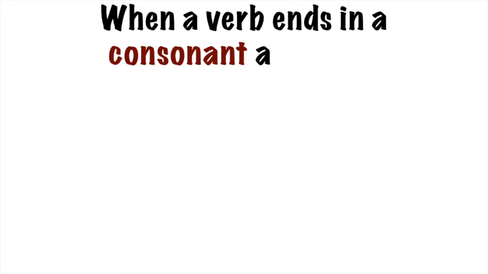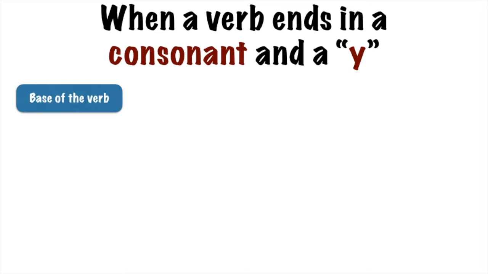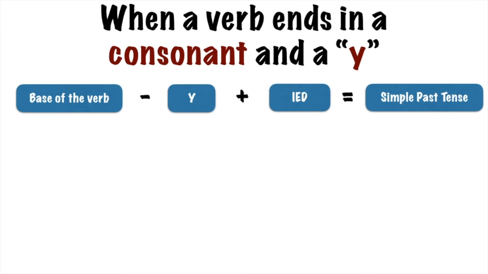Right, so these are the exceptions to the simple past tense with regular verbs. When a verb ends in a consonant and a Y, we have the base of the verb, then we take away the Y, and then we add IED, which gives us the simple past tense.